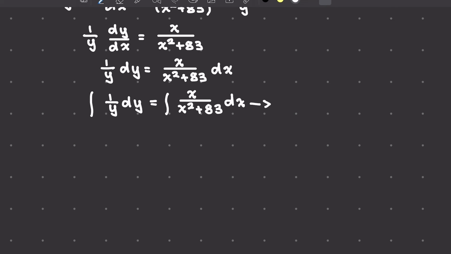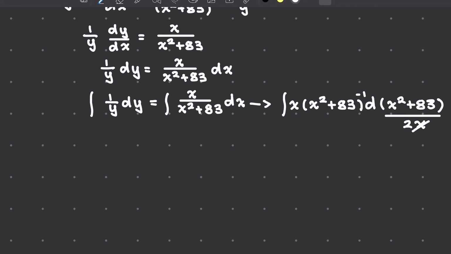So for this side, I'm going to do the throwback method, which is to take the derivative of x squared plus 83. It's 2x. And we just cancel out the x's. And this will leave us with 1 over 2 ln of x squared plus 83.